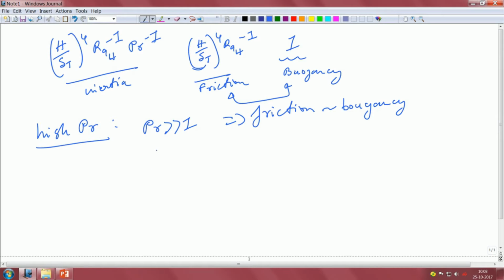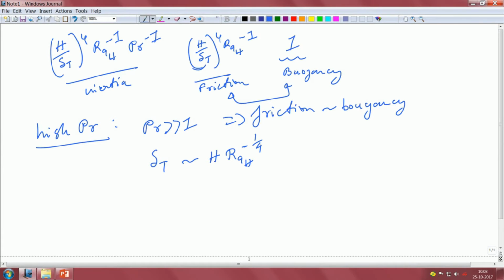So, in that particular case, your delta T, which is basically the boundary layer thickness, will scale as H Ra_H to the power of minus 1/4, right. Remember, it is not the Rayleigh number that is important. It is the Rayleigh number raised to the power of minus 1/4 that is the term which is important. So, the correct scaling comes from that.